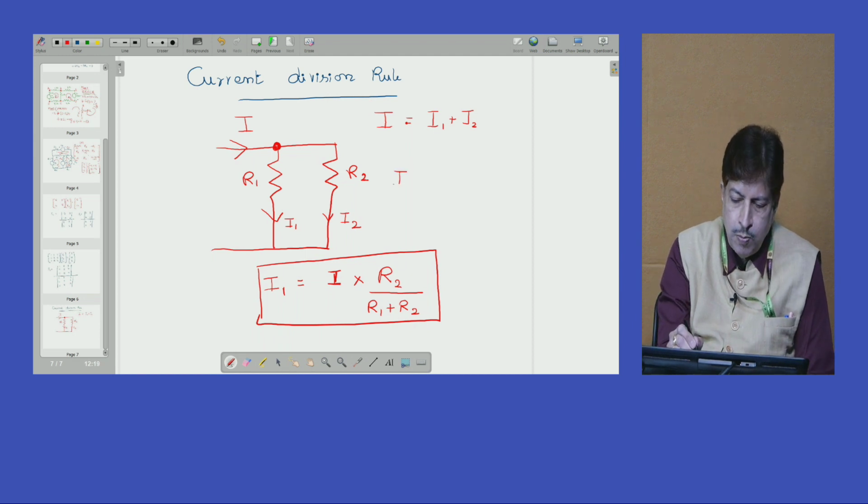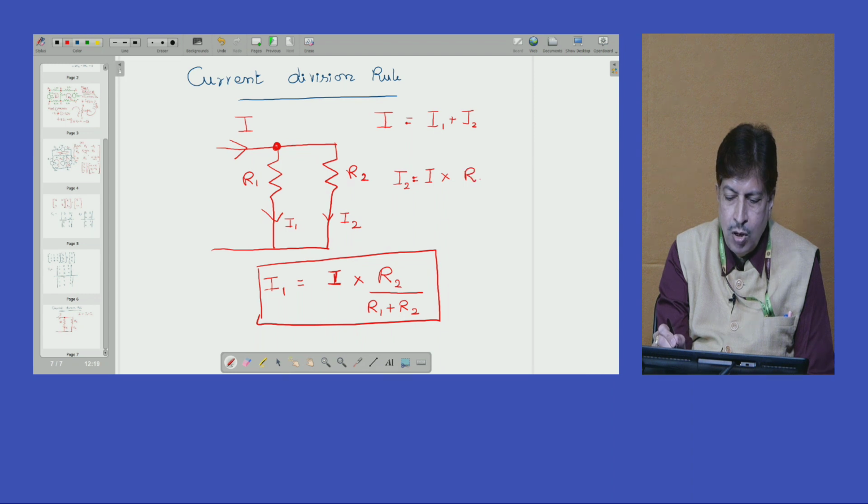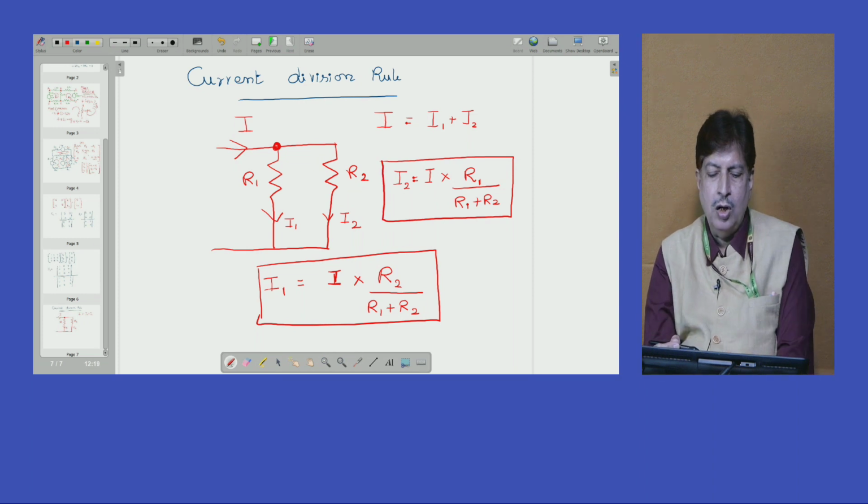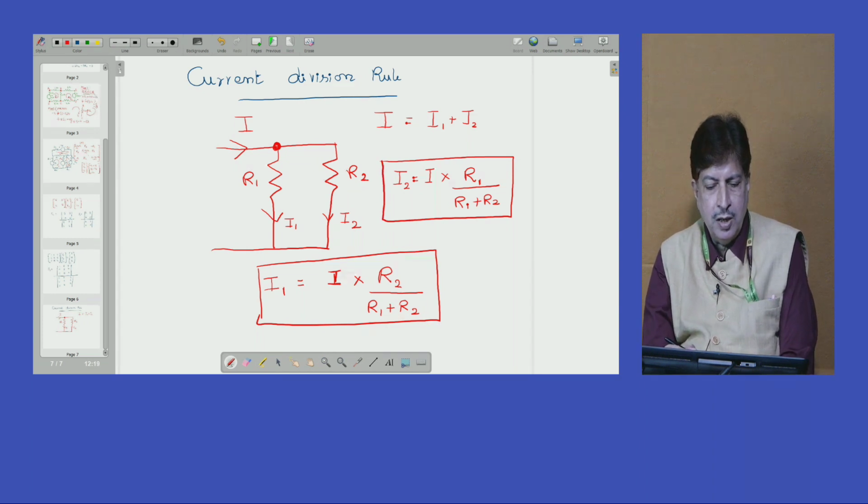Similarly, suppose I want I2: I into, what is the resistance parallel to R2? It is R1 by R1 plus R2. A very, very useful rule or principle in the analysis of circuits.